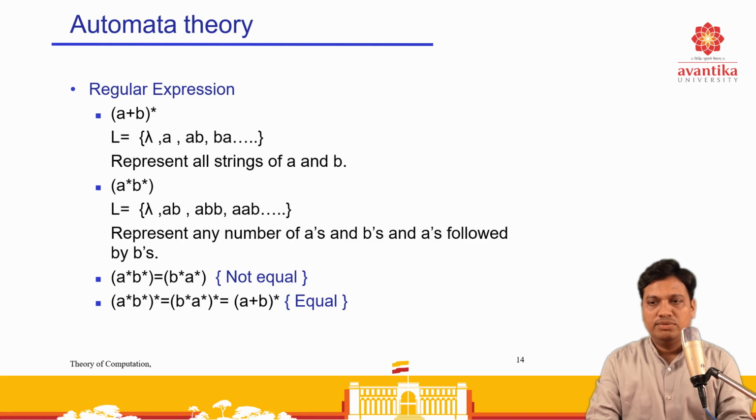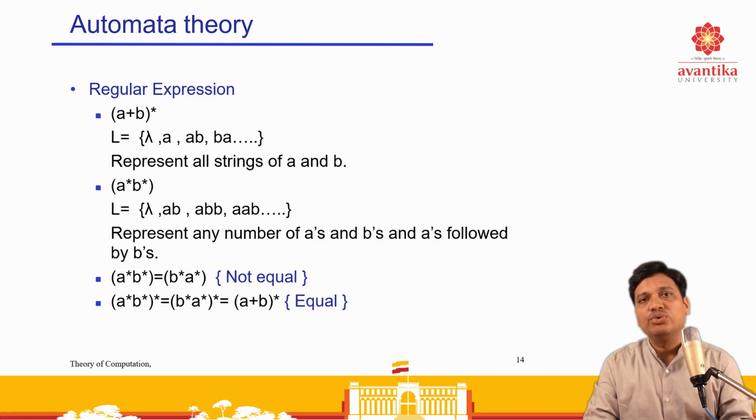Another example of regular expression: (A plus B) whole star. (A plus B) whole star basically accepts all strings, with counts from 0 to infinite. The difference between A star and A plus is that A star accepts the numbers from 0 to infinite and A plus accepts the numbers 1 to infinite.